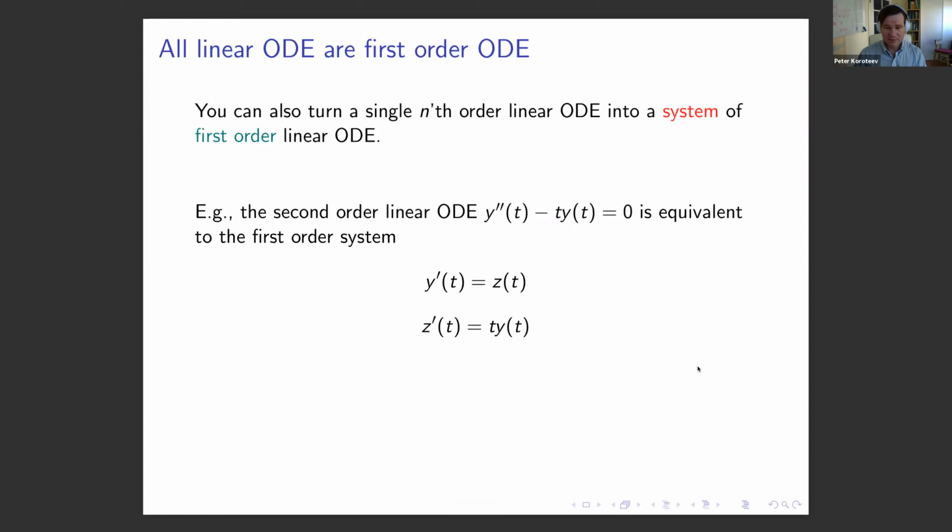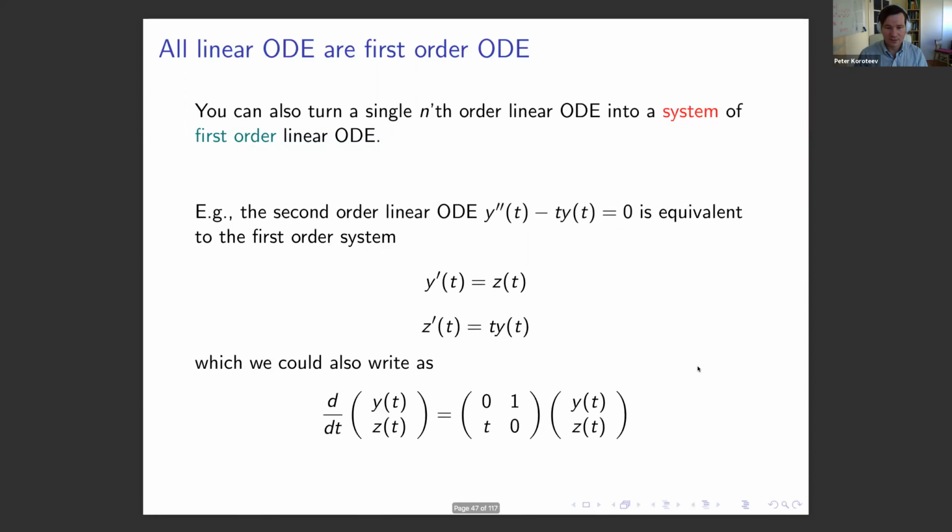Y prime is equal to z, so z is the new function whose derivative is equal to ty, which you can write down in matrix form using this off-diagonal matrix with components 1 and t, which multiplies the column vector y and z, and on the left we have the derivative of this column vector.